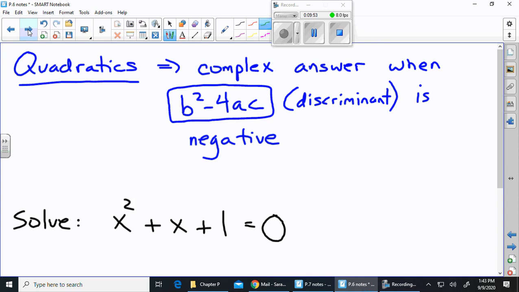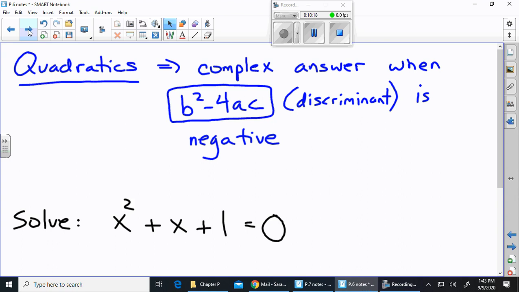It's going to have no real answer, which means it has no real x-intercepts. It's going to be like a parabola that's right side up above the x-axis. So again, that really is something we should have already gone through, but you do want to remember those words.